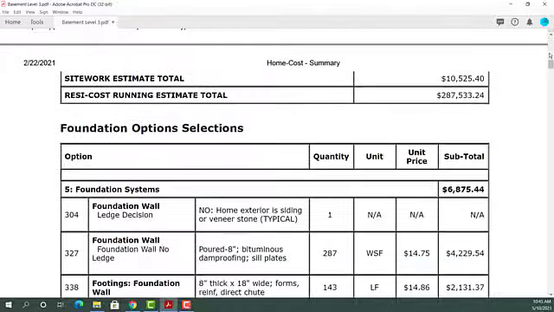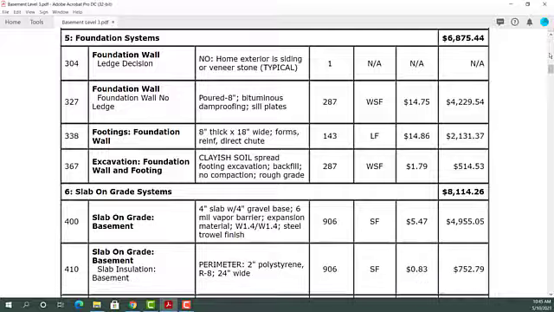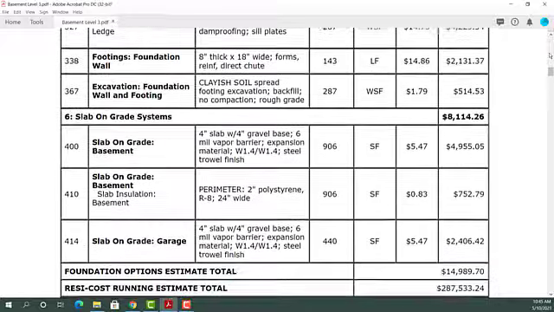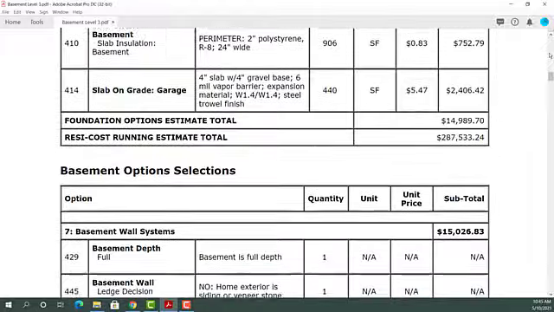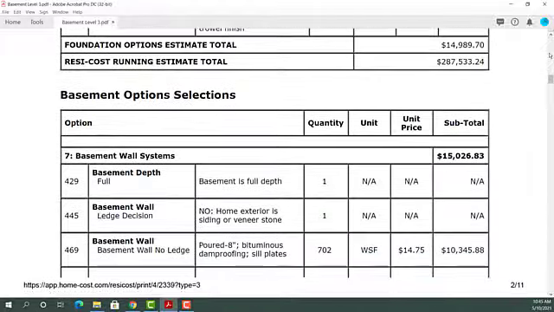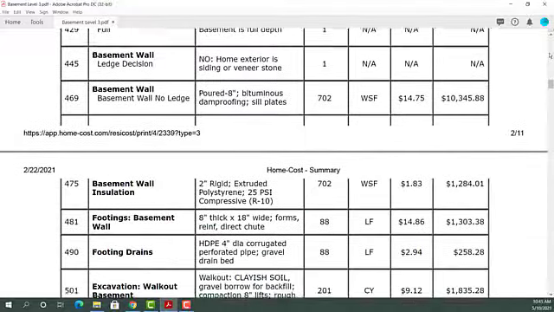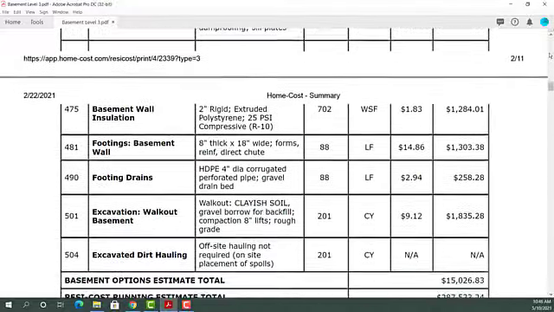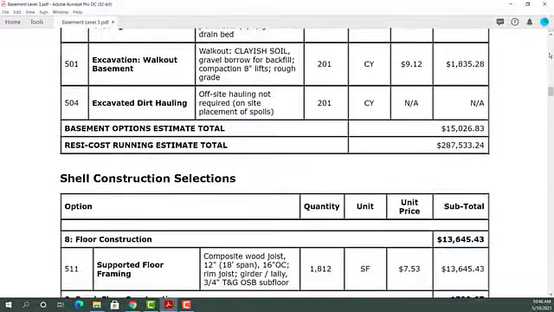Then you can take the same software and use it to form your budget and help you go through the bidding process. It's just a great tool for owner builders because you don't have to rely on getting bids up front, and you can get an accurate assessment of what reality is.